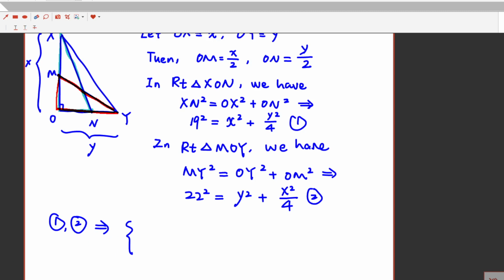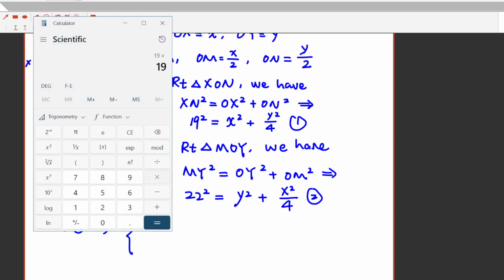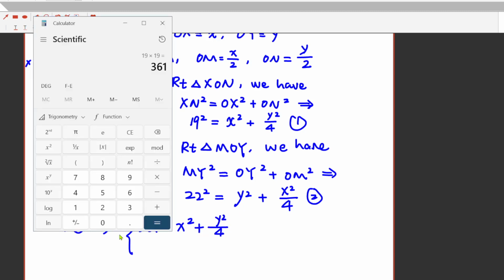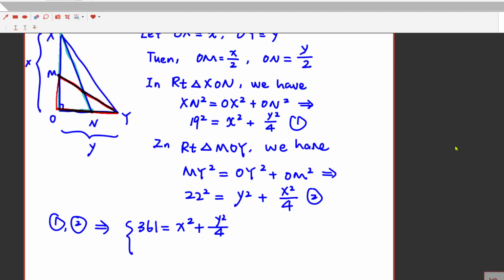Okay, let's find these numbers first. 19 times 19. Okay, how do you solve an equation like this?